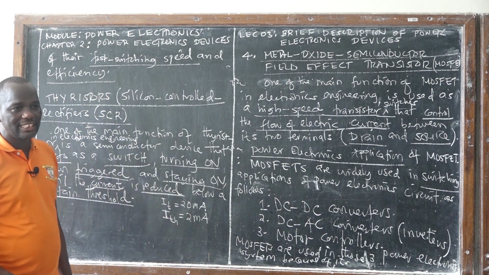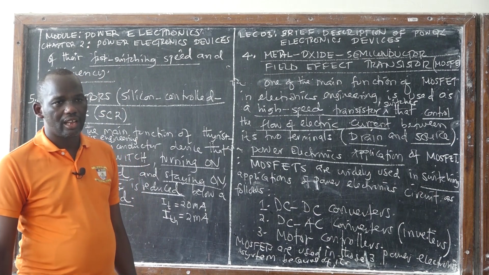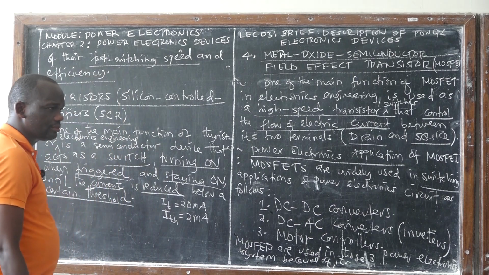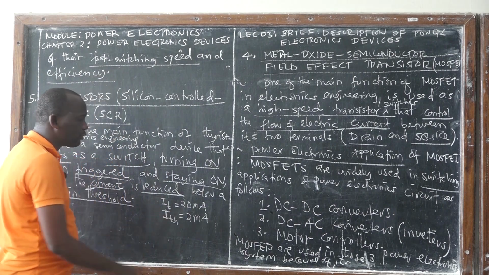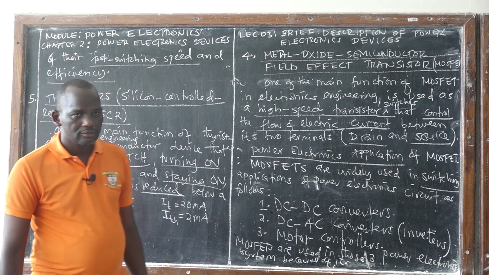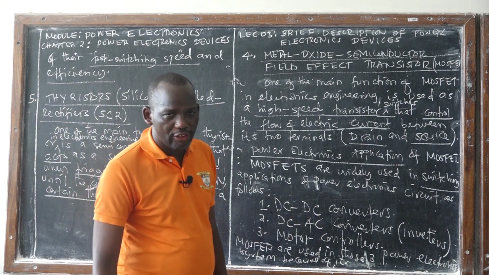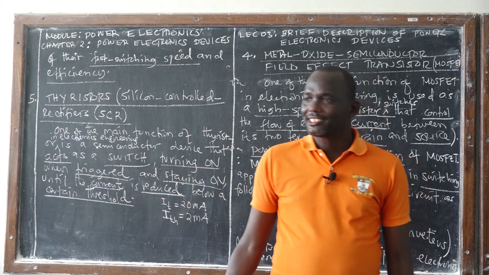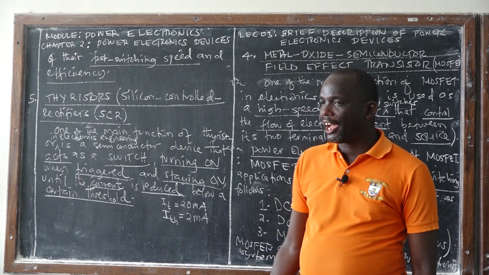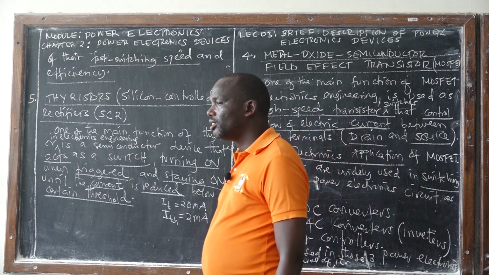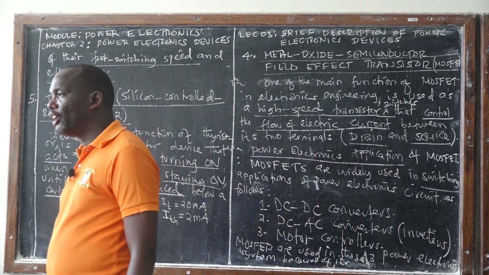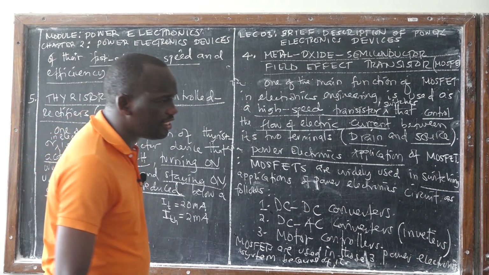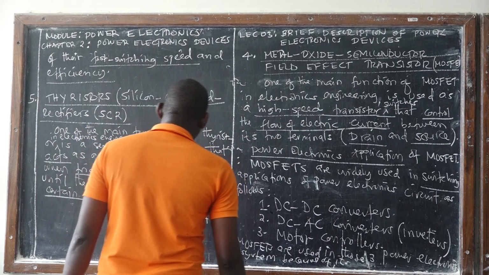So when a thyristor or silicon controlled rectifier is triggered by a triggering current of 20 milliampere, and the triggering current is not reduced, the thyristor will remain on until the current is reduced to a certain threshold.